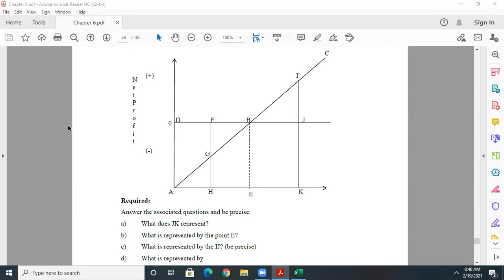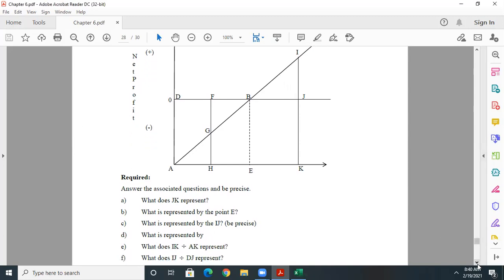Yes, you're clear with part B. Not only part B, you better move on so you can work out the rest of the things as well. What is represented by IJ, then the next thing, and likewise here, IK divided by AK?